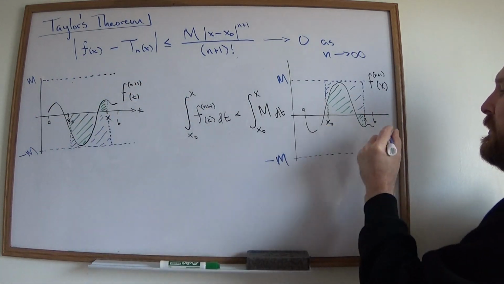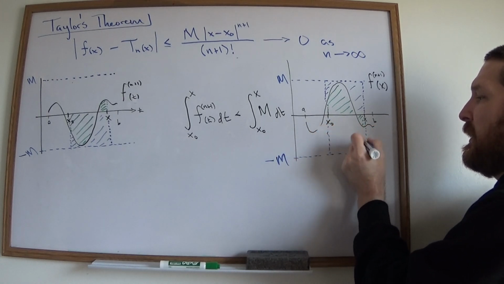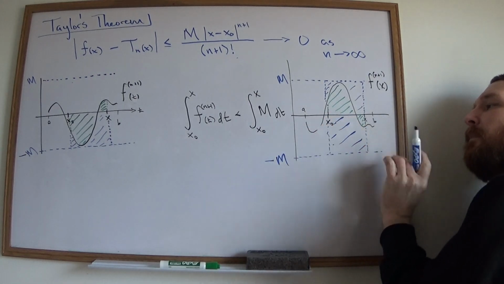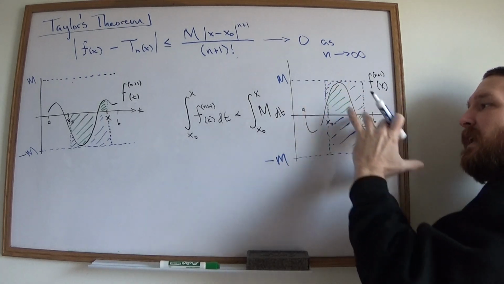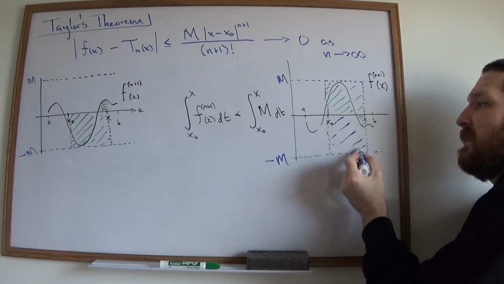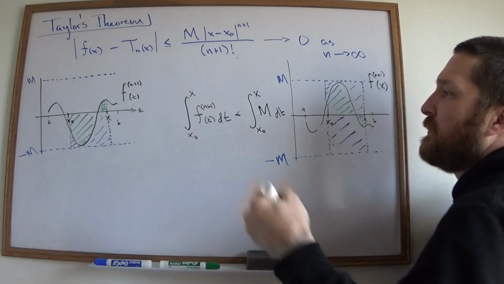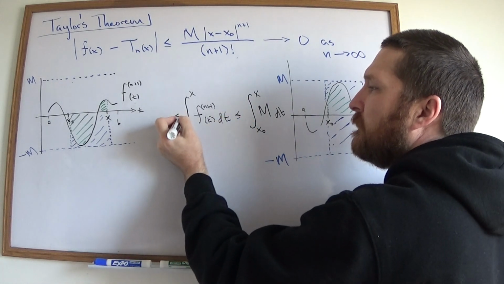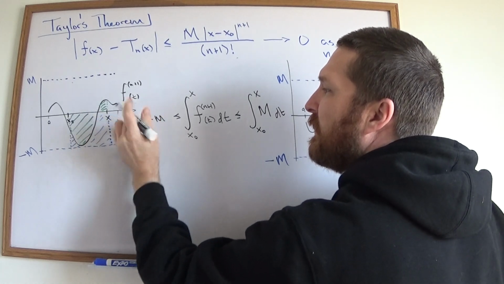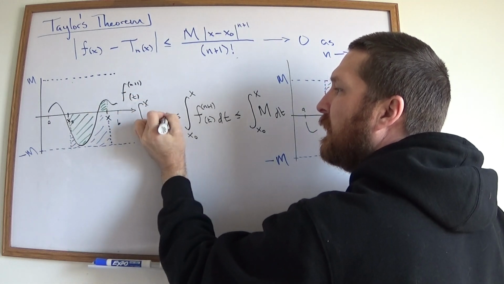Or you could see it over here too. We have a ton of positive area up there, a little bit of negative area in the green here, but nonetheless, whatever that green area is, it's got to be more than this negative area down here. And we could write that as an integral: negative M, integrated from x0 up to x dt.